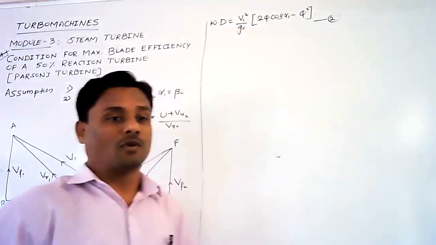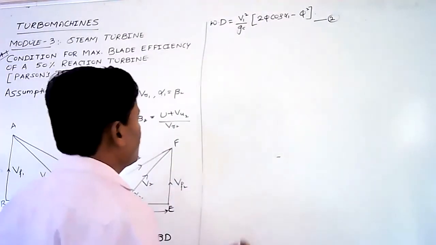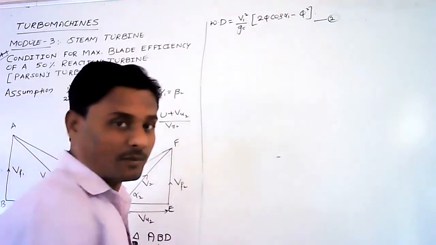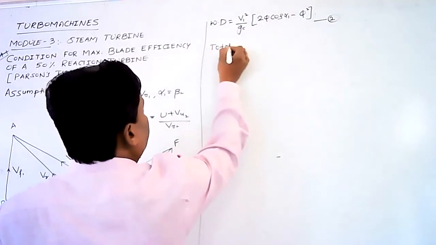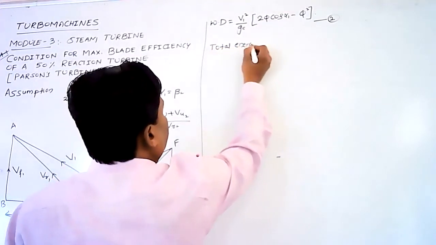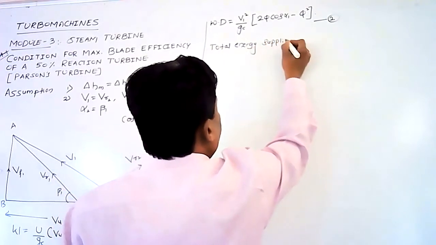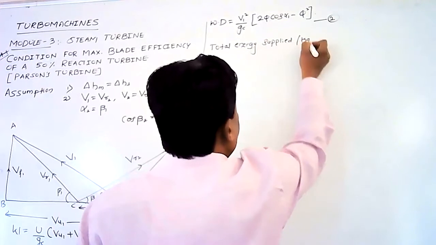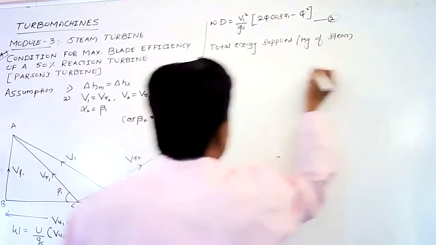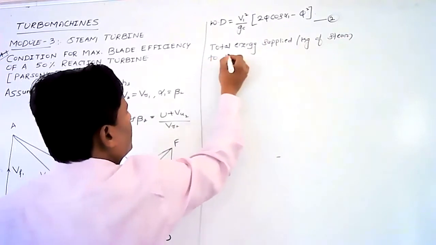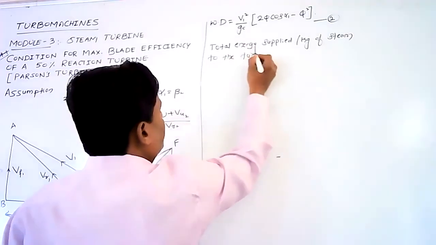So we got the equation for work done per kg of steam by the runner. Now let us try to get the total energy supplied per kg of steam to the runner, to the turbine.